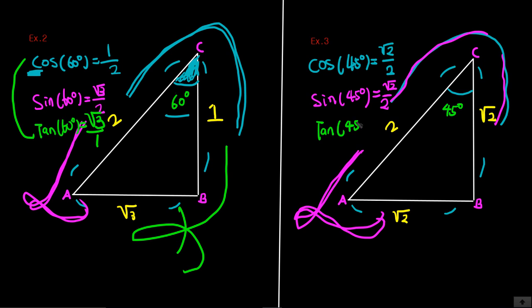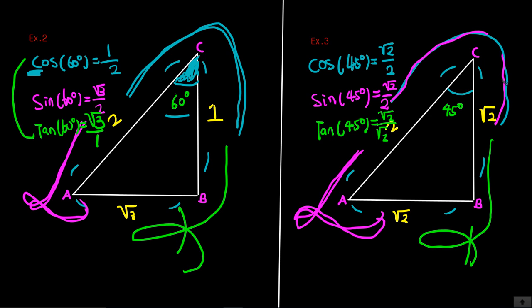Tangent of 45 degrees is exactly the same thing, with the starting line, the line that is common with cosine, and the line that is common with sine. So it is going to be, at first, square root of 2 in the denominator, and in the numerator square root of 2. And this is the way we memorize sine, cosine, and tangent.